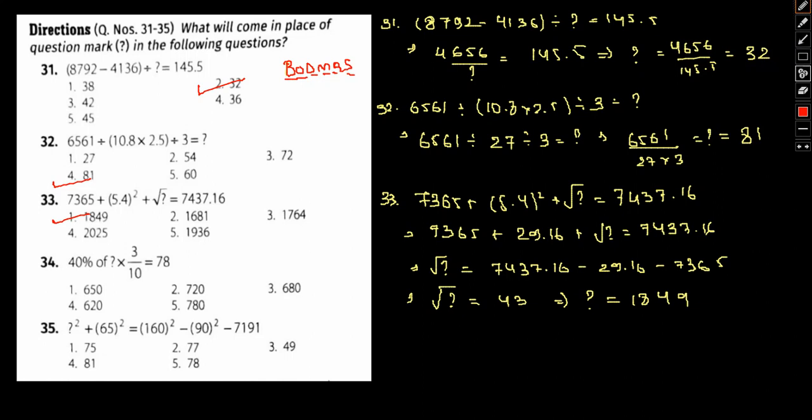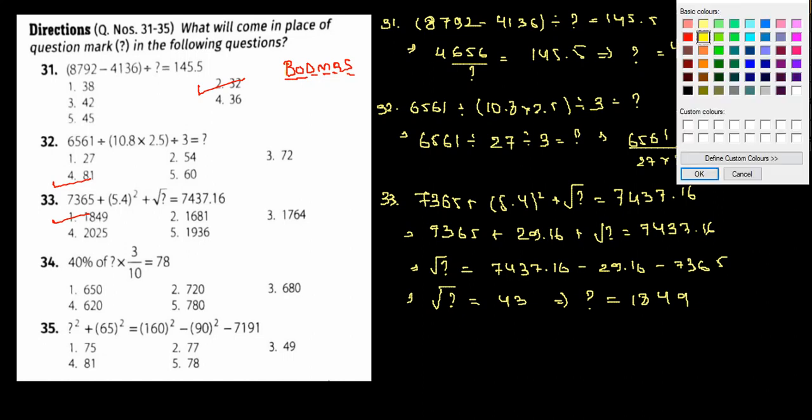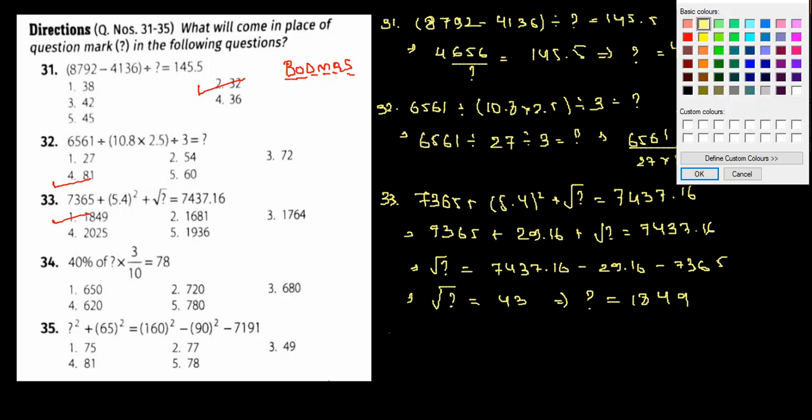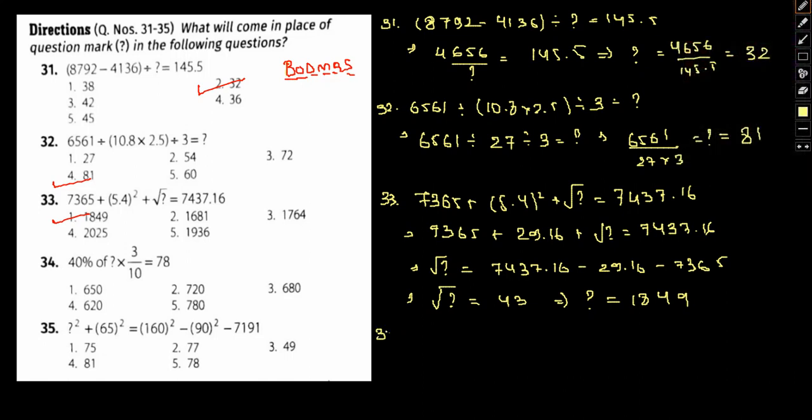Okay, now let's take a look at 34. It's given 40% of question mark into 3 by 10, so it can be simply written as 40 by 100 of question mark into 3 by 10 equal to 78.